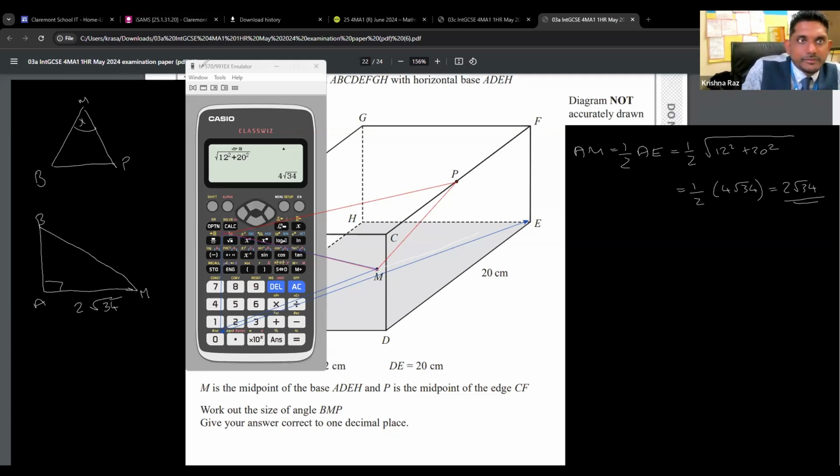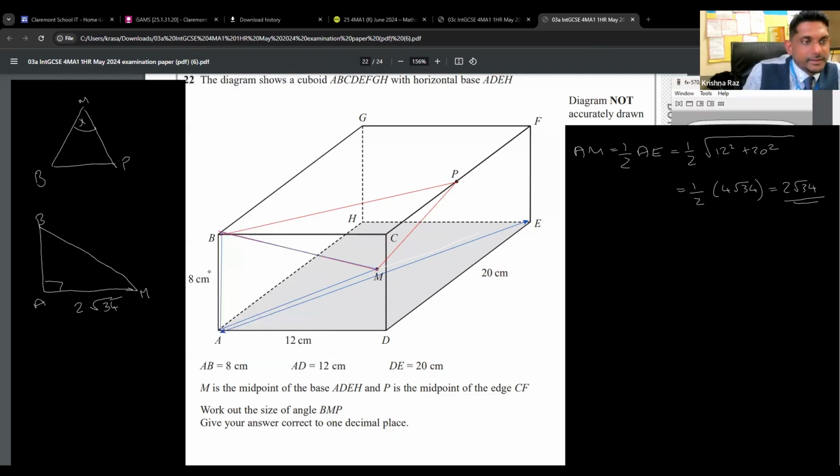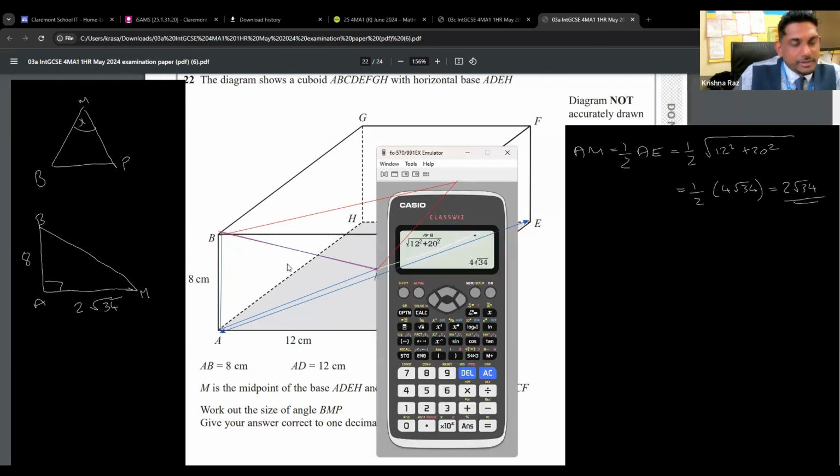And we know that the height of the triangle is 8. Yeah, we can see that there. So now we can use Pythagoras again to figure out the length BM.